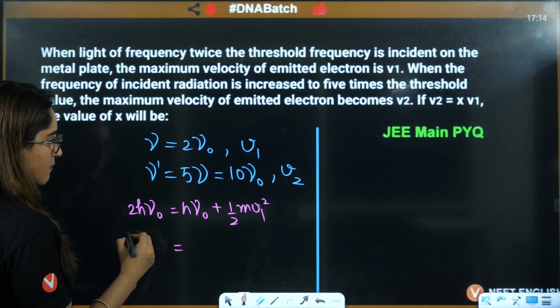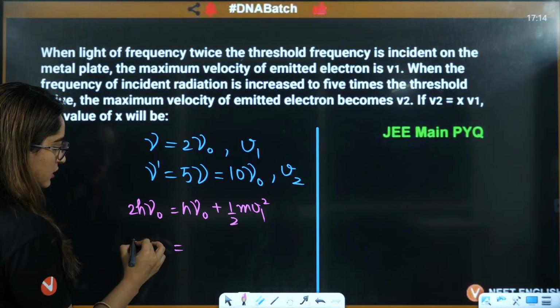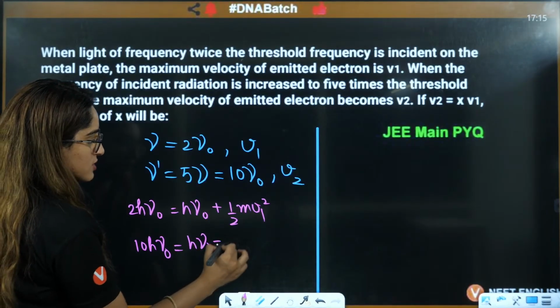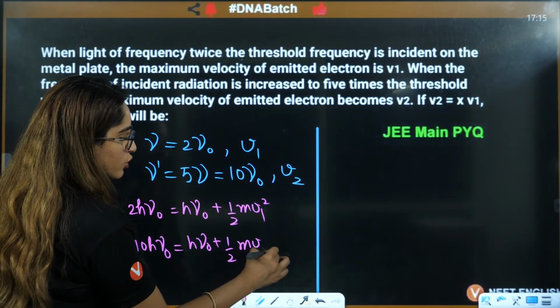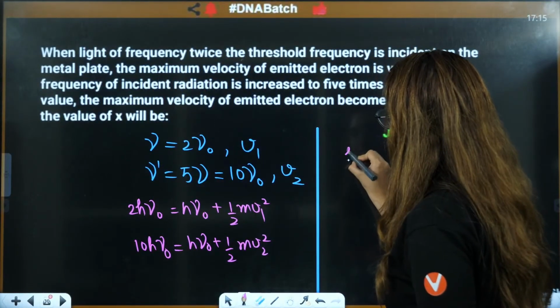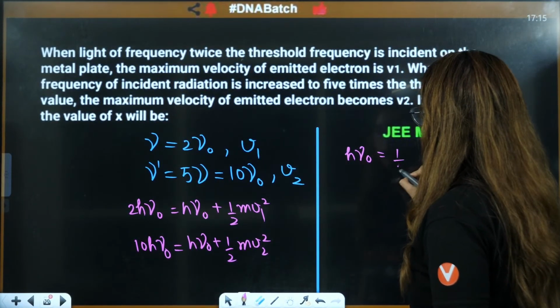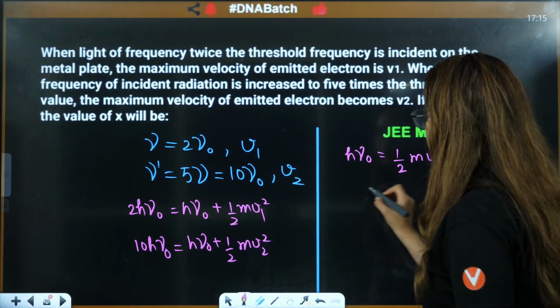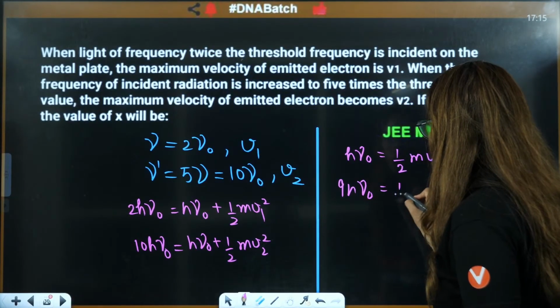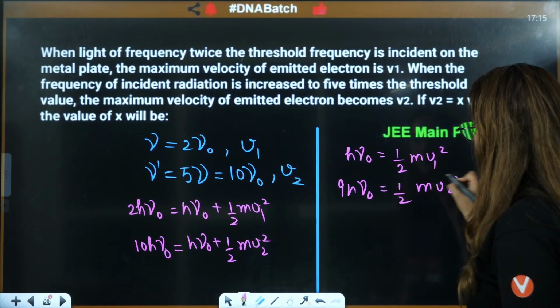For the second case, this will come out to be 10 h mu naught equals h mu naught plus half m v2 square. So now it will come out to be h mu naught equals half m v1 square, and 9 h mu naught equals half m v2 square.